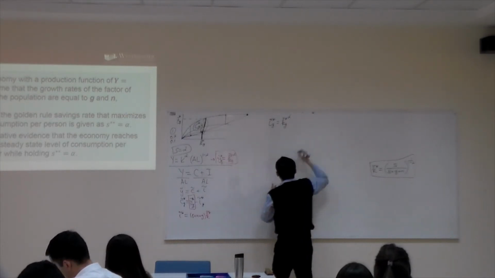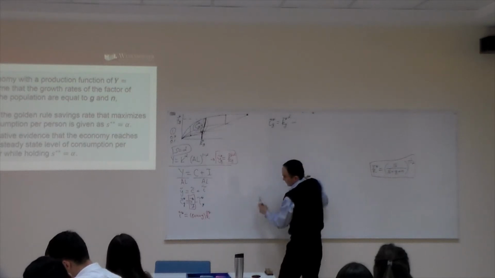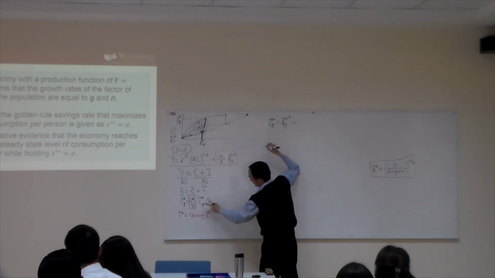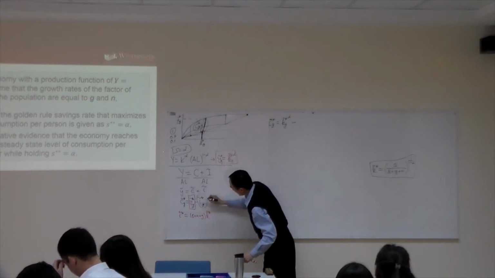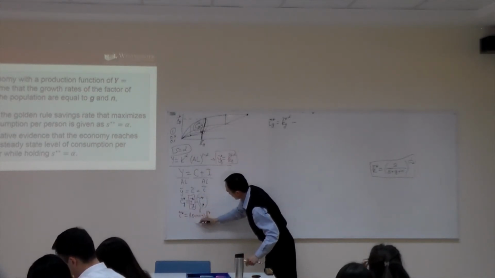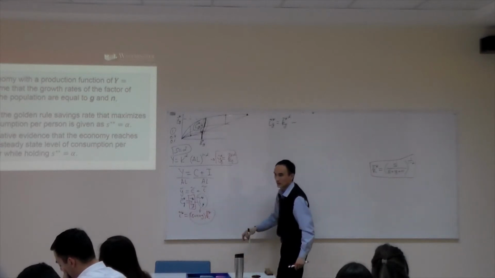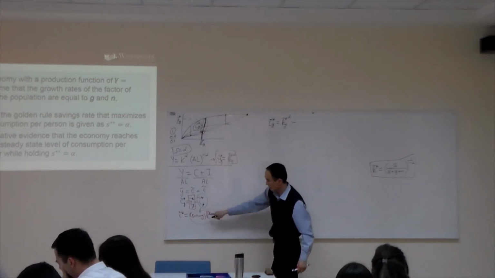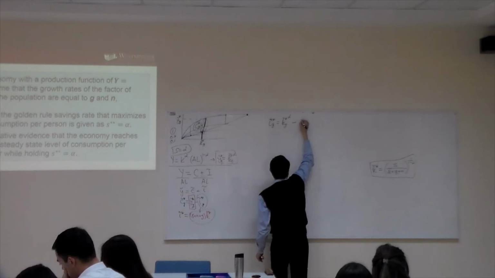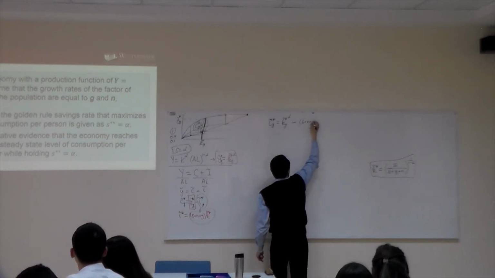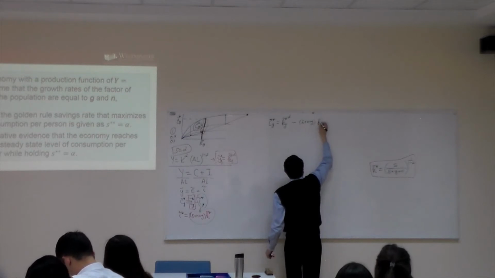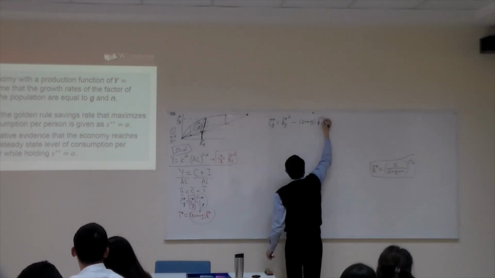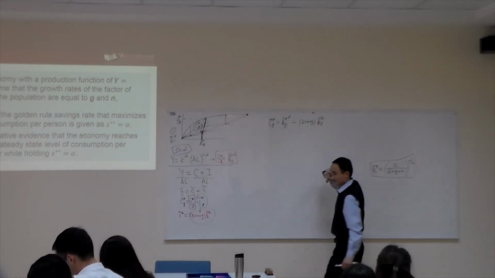Okay? Minus. Now we replace investment with depreciation, which is equal in the steady state level. Okay? And it will give you delta plus n plus g times capital per effective labor in the steady state level in the golden level.